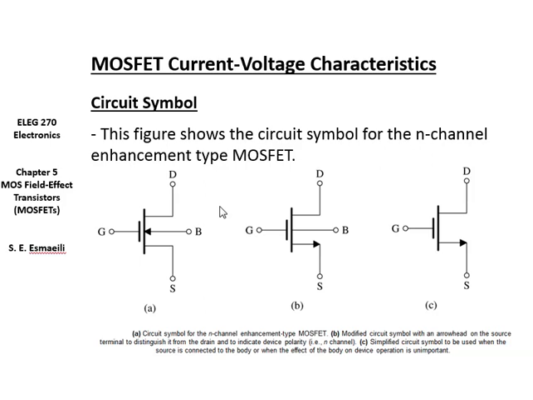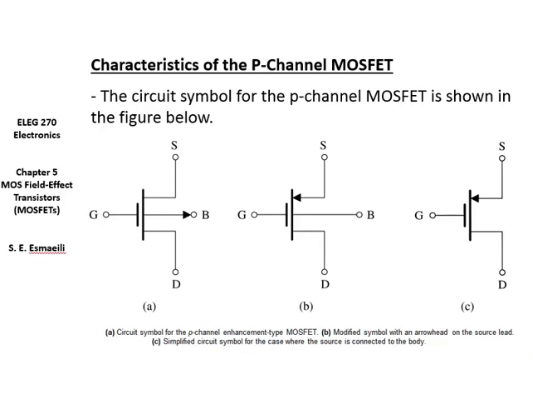As I said in the middle of the discussion, we have two types of MOSFET. We have NMOS, and something to remember is the right symbol. NMOS is like NPN. The arrow is at the bottom. PMOS is like PNP. The arrow is on the top.